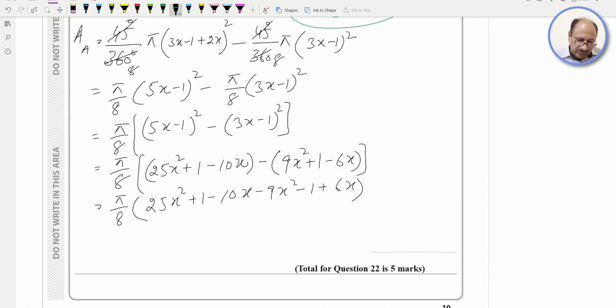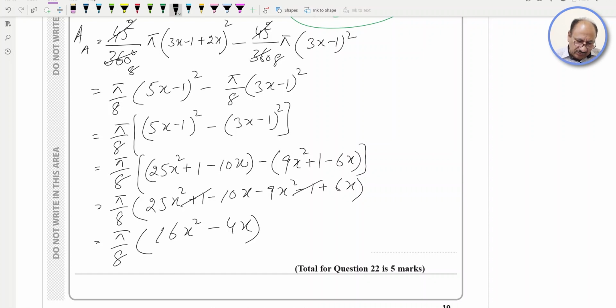And now we can further simplify pi by 8. Inside will be what, 25 minus 9 will be 16x squared, and minus 10x plus 6x will be minus 4x, and plus 1 will be cancelled with minus 1. So basically this will be our term.